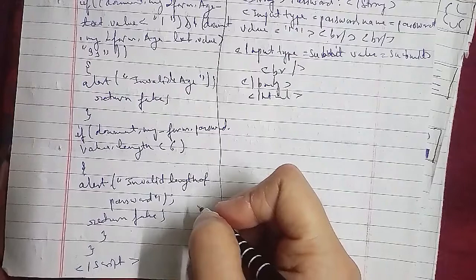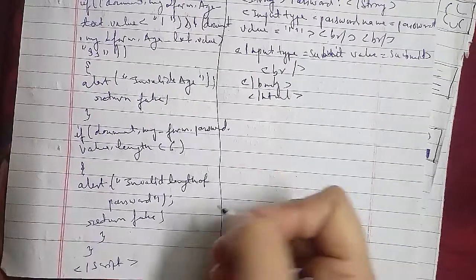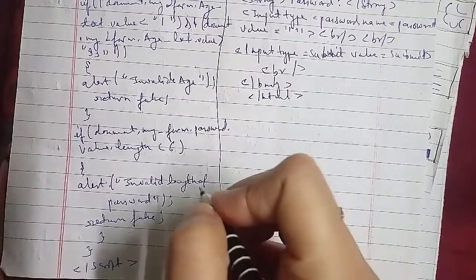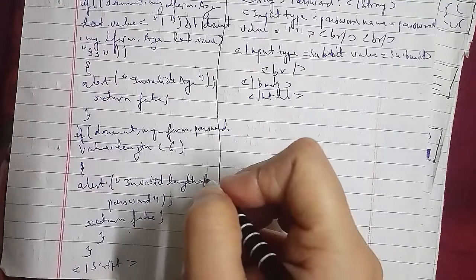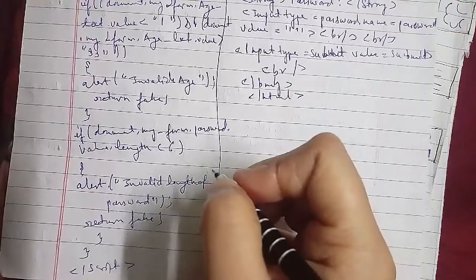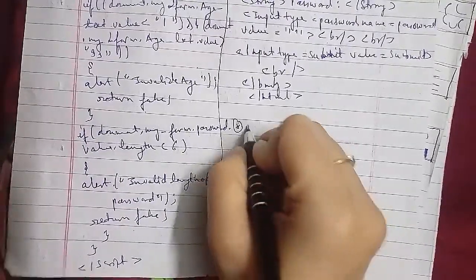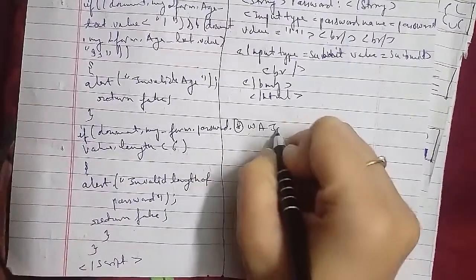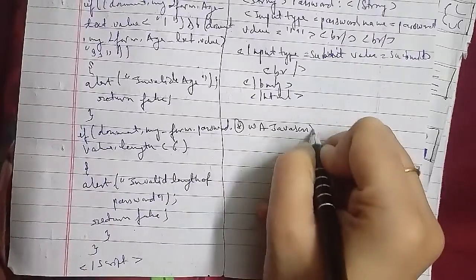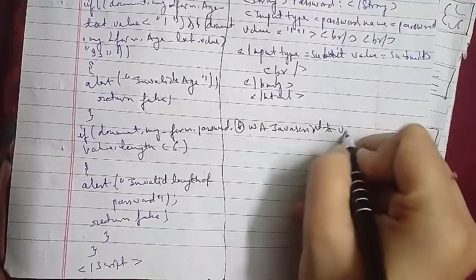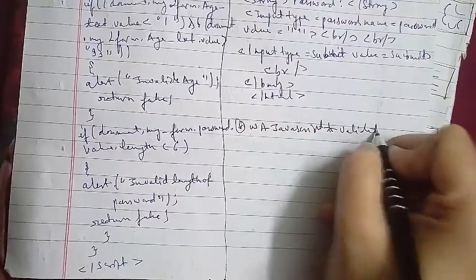form.status[0].checked equals to false, and form.status[1].checked equals to false as well.